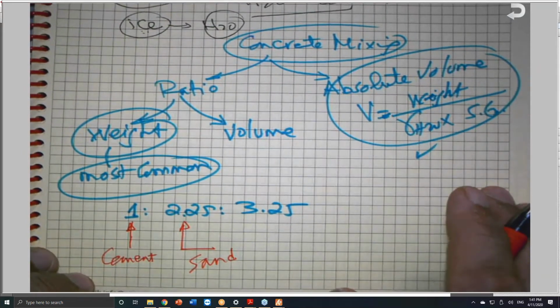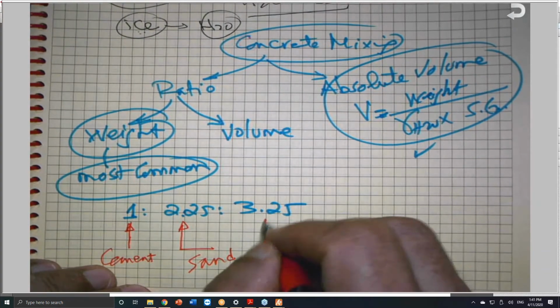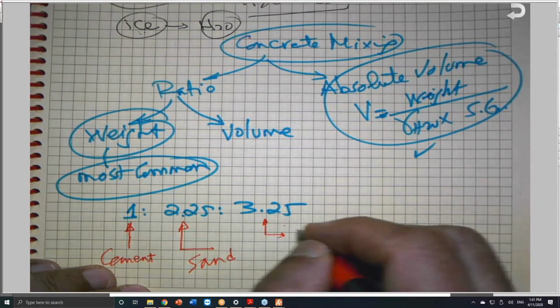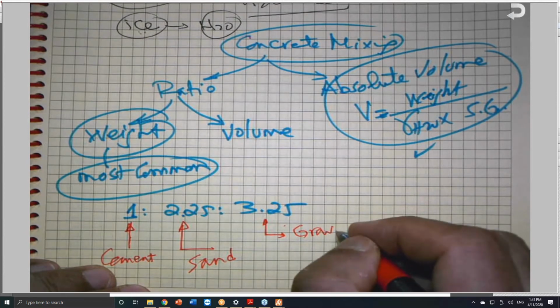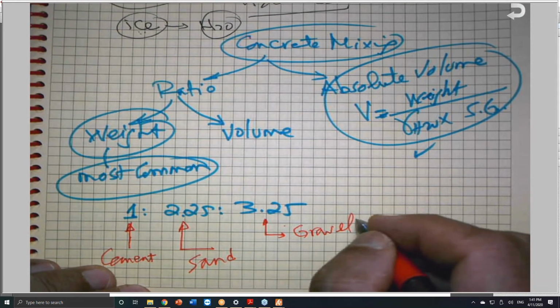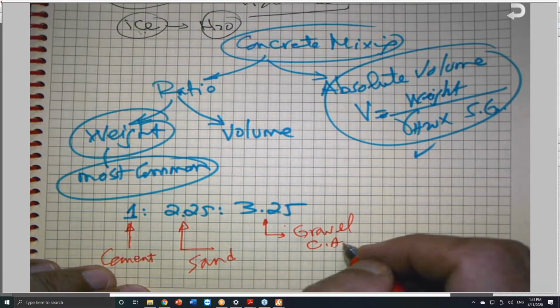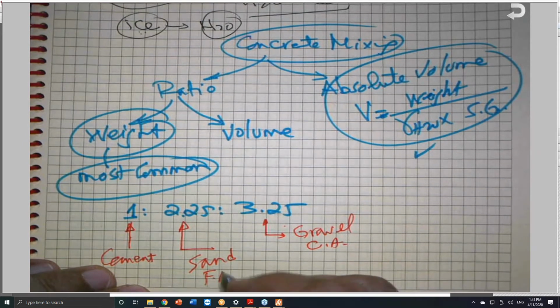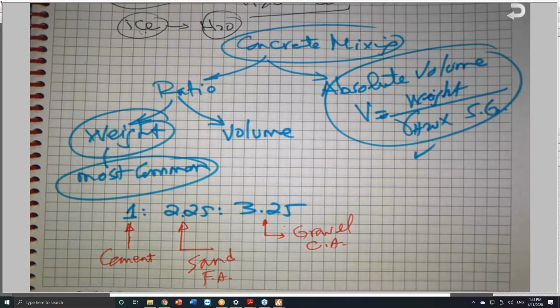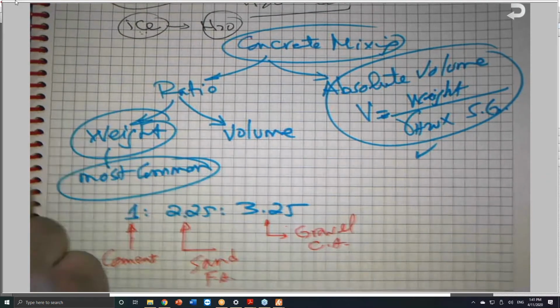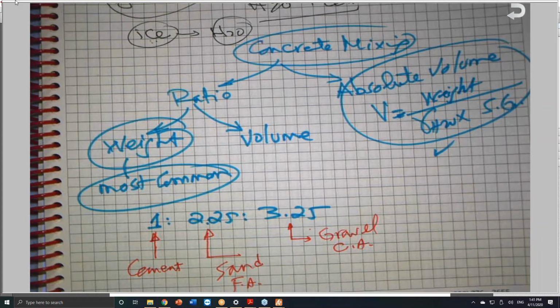The third one is the gravel, the coarse aggregate, and the sand is the fine aggregate. This is the ratio that my grandfather and your grandfather agreed upon, and we are going to honor them and not change these things.